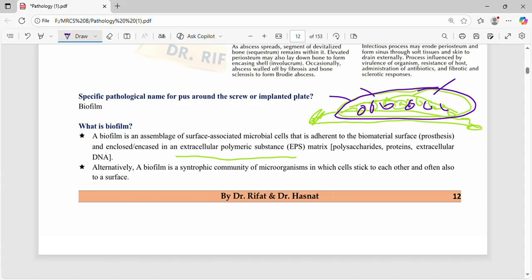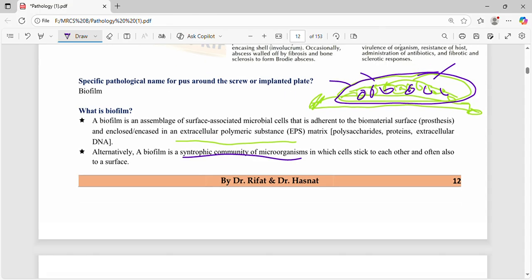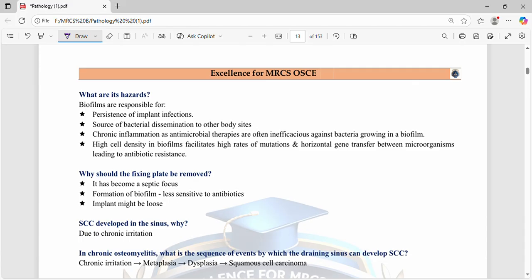Alternatively, a biofilm is a community of microorganisms in which cells stick to each other and often also to the surface as well. What are its hazards? Biofilms are responsible for persistence of implant infections. Antibiotics cannot reach or penetrate the biofilm, so the infection cannot be eradicated.